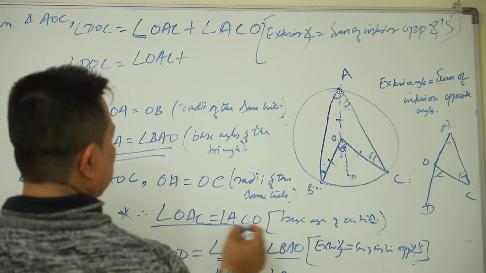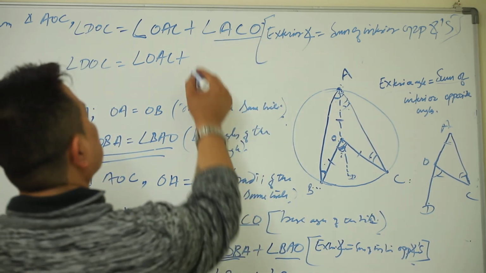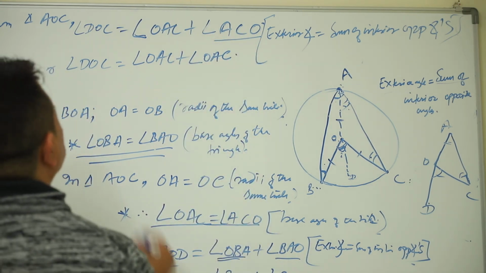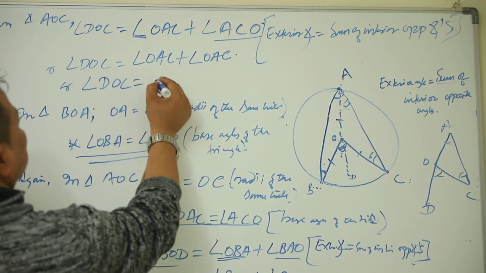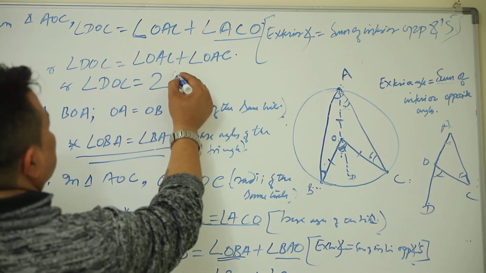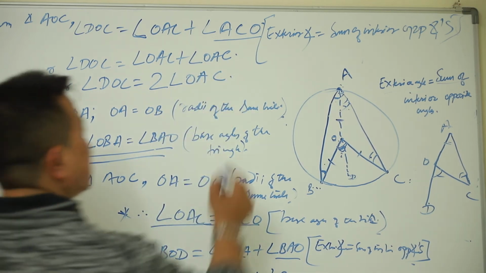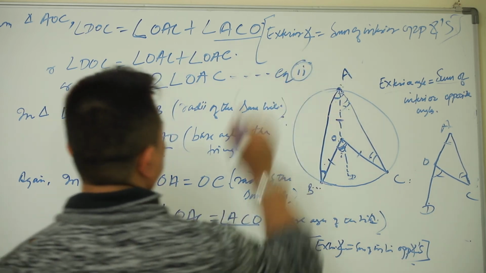So replace angle ACO by angle OAC. So angle DOC equals twice angle OAC. Now this is equation number 2.